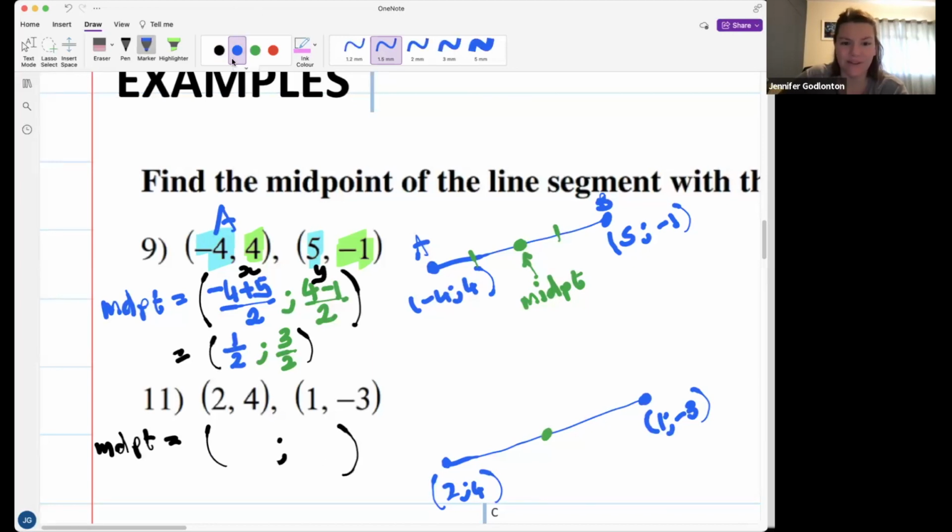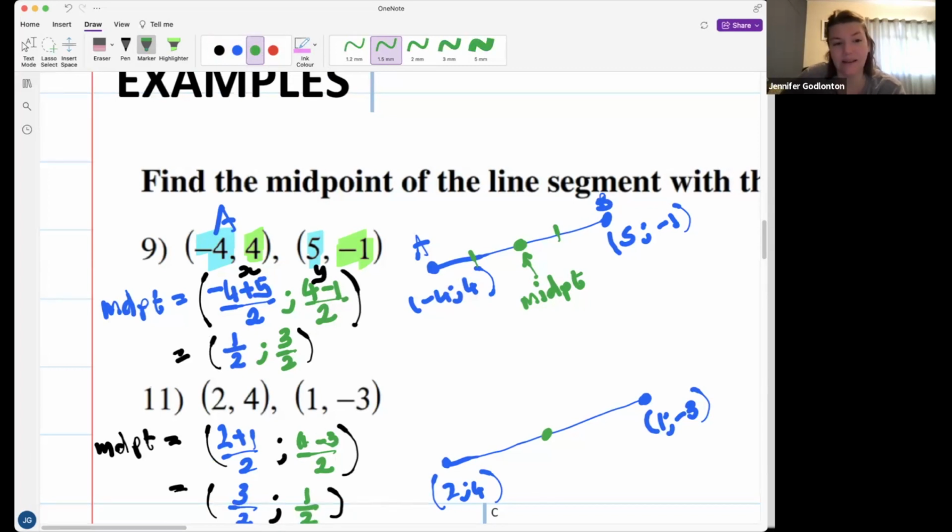I don't know if I left enough space for myself there. We'll have to see. 2 plus 1 over 2. Those are my x values. Now we look at our y values. 4 minus 3 over 2. And then we just give our answer. So we're going to have 2 plus 1, which is 3. So 3 over 2. And our y value is 1 over 2. And that is our final answer.